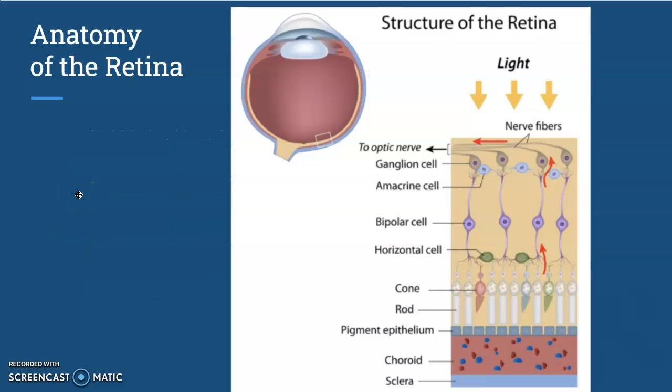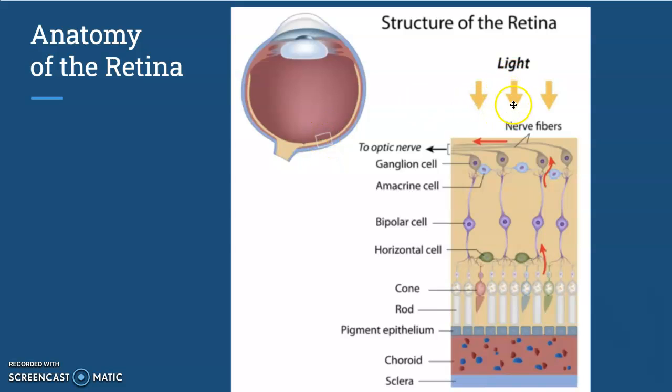So just for a picture of the gross anatomy here, you can see on this upper left corner of the photo a picture of the eye as a whole, and then zoomed in on the back right corner of the eye is the layers of the retina.